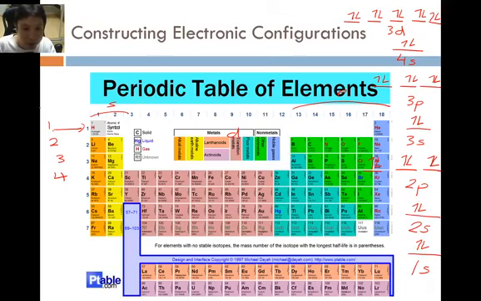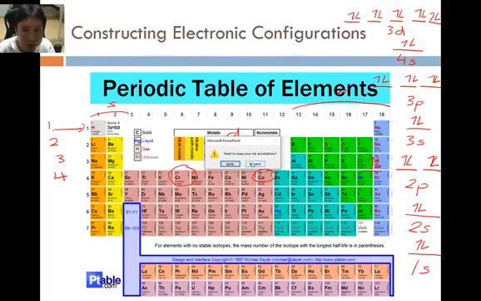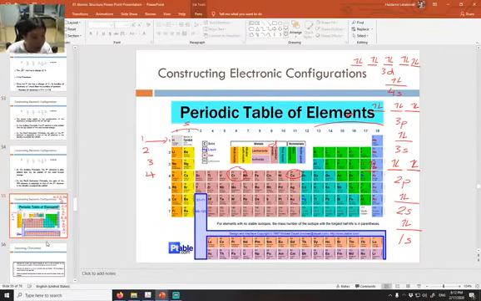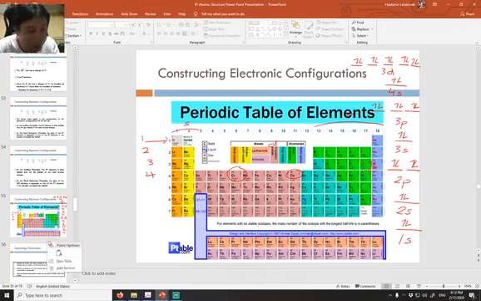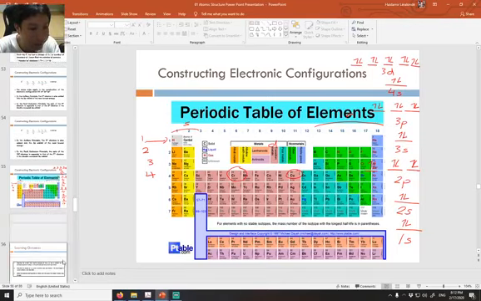Okay, so let me again talk about the electronic configuration of chromium and copper in particular. So let me insert a blank slide. 24 electrons and 29 electrons respectively.